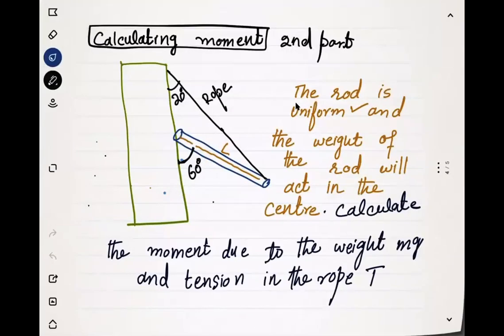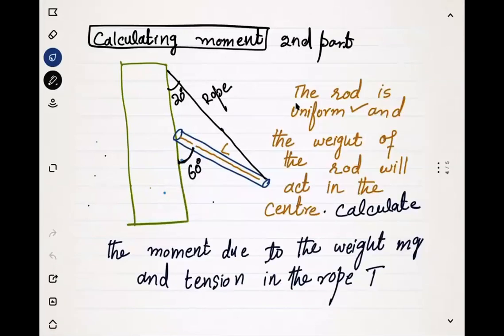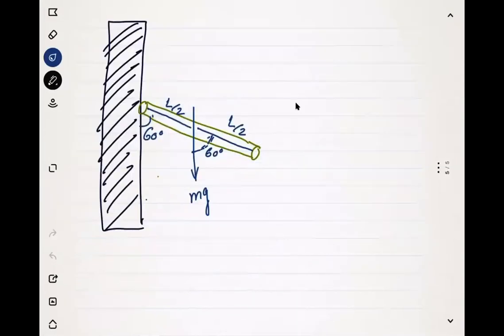And as you know, this angle is given as 60 degrees. So this angle, they are called the corresponding angles. This angle will also be 60 degrees. So this is mg, which is acting in the center, and the length of the rod is divided in two parts. Each part is L by 2.